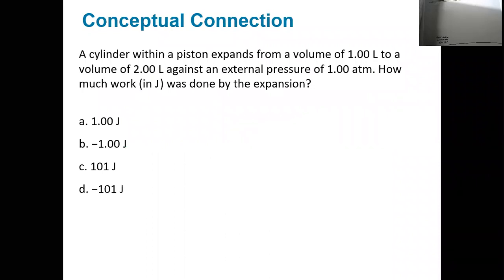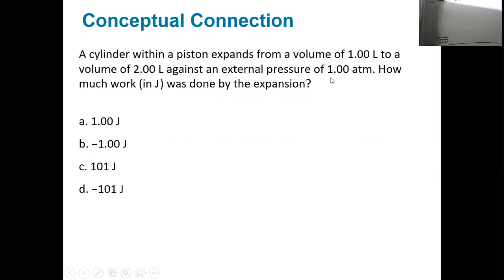Okay, so here's an example of this. A cylinder with a piston expands from a volume of 1 liter to a volume of 2 liters against an external pressure of 1 atmosphere. How much work in joules was done by the expansion? So you know that work is negative pressure times delta V. So that means it's going to be negative 1 atmosphere times 2 minus 1, so times 1.